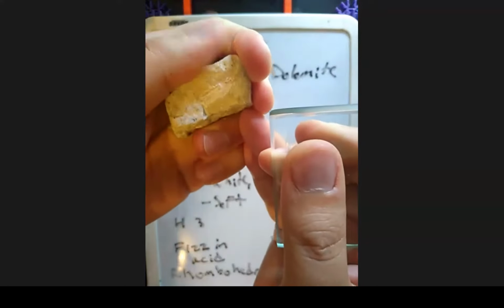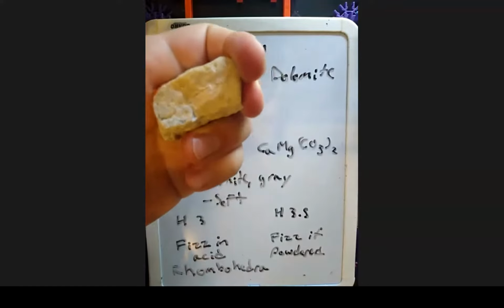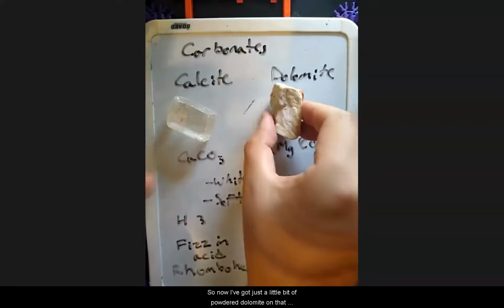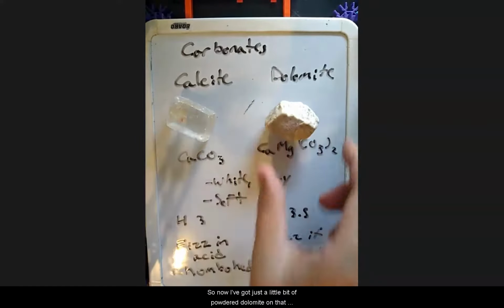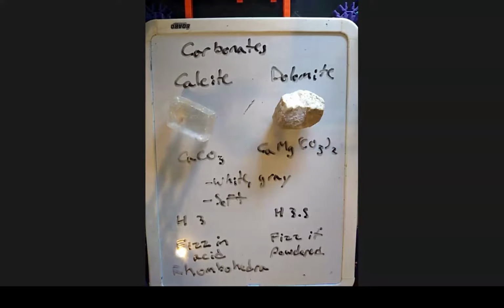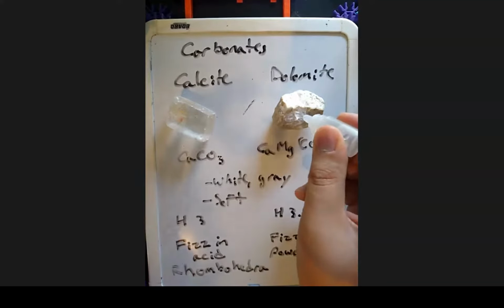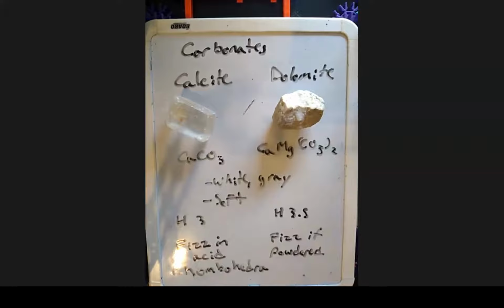You can see this is a pretty soft mineral, the way that it's creating all these scratches on dolomite. So now I've got just a little bit of powdered dolomite on that surface, put the acid on it. Don't look away. Now it does fizz, but first you've got to powder the mineral to get it to do so.